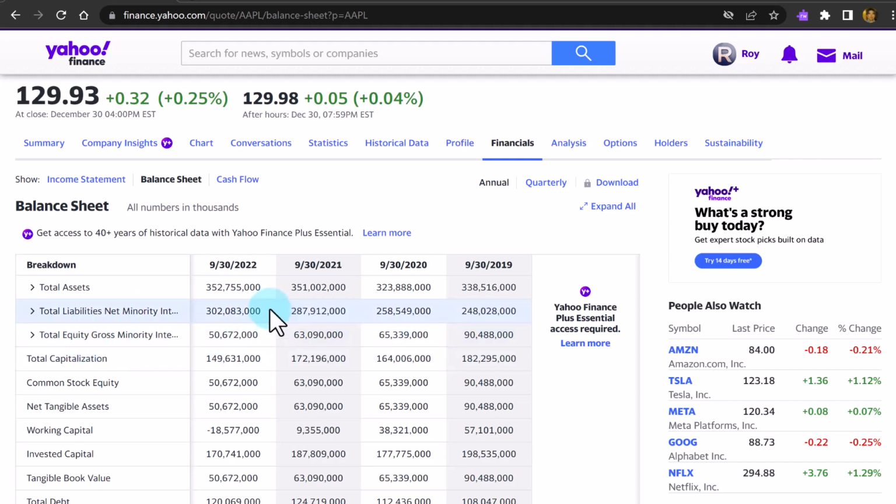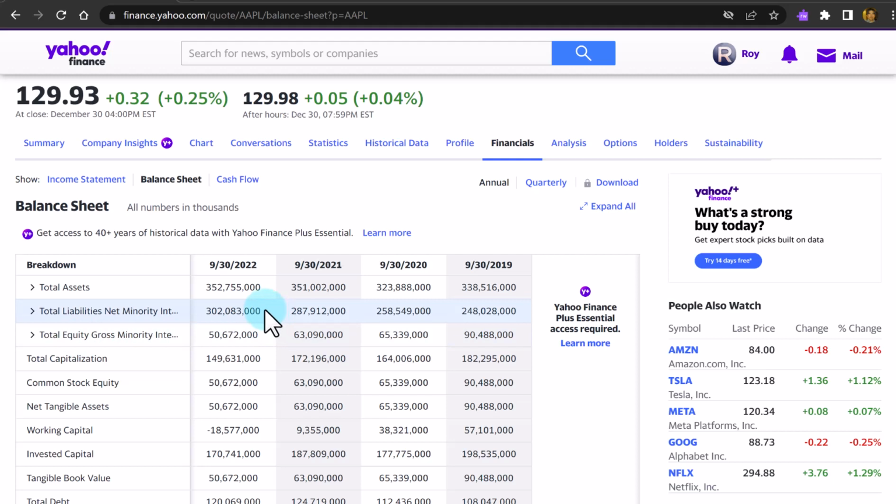This is really in thousands, so you're looking at $300 billion here of liabilities. And here is $352 or $353 billion of assets. Their ratio is more like 0.85 to 1. Look how small this equity is. Again, assets are equal to liabilities plus equity.